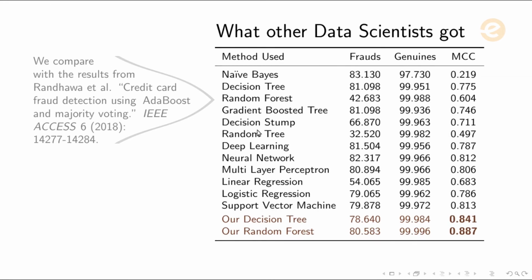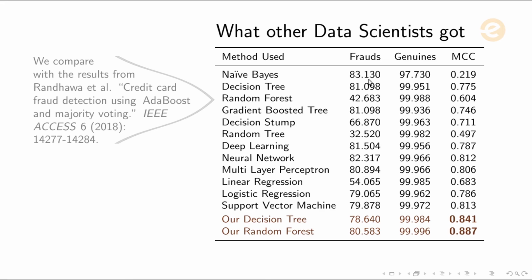So these are the 12 algorithms that he actually worked out, and we also add our two algorithms here. The metrics that we use are actually the specificities and sensitivities, but since these depend on which one we take as the positive class, they are more universally named the fraud accuracy and the genuine accuracy.